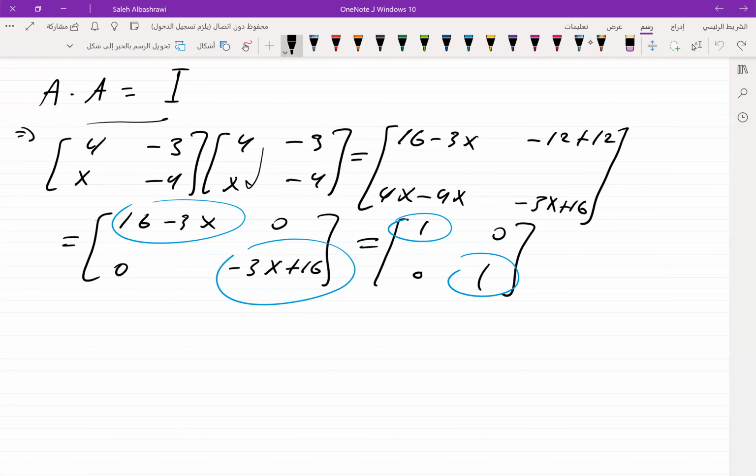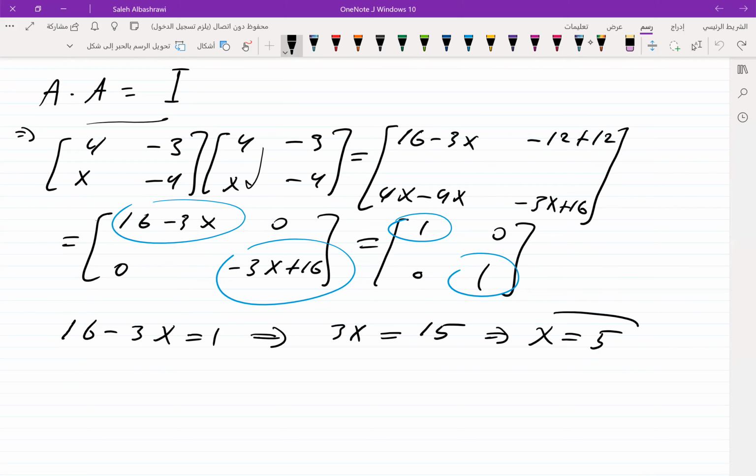So from this equality, we'll say that 16 minus 3x equals 1. This is just a linear equation. 3x equal to 15, or x equal to 5. So x is equal to 5.